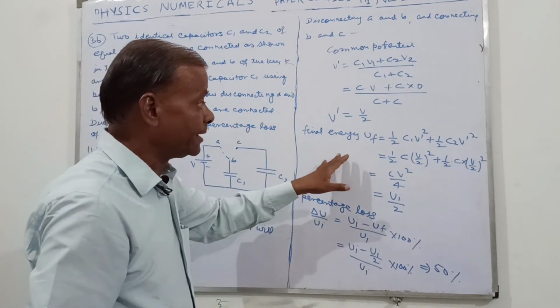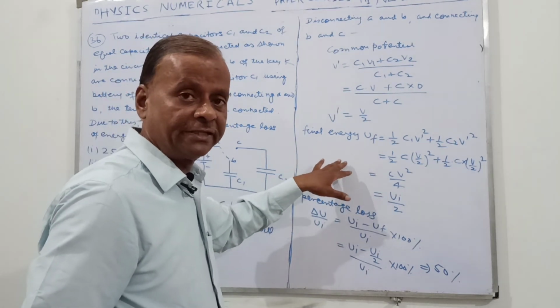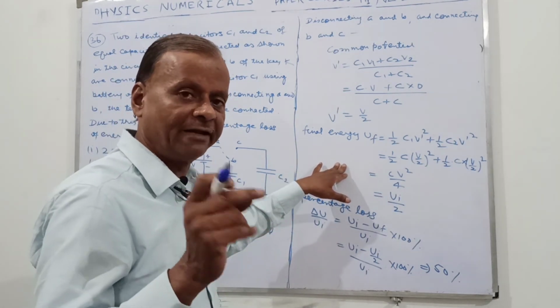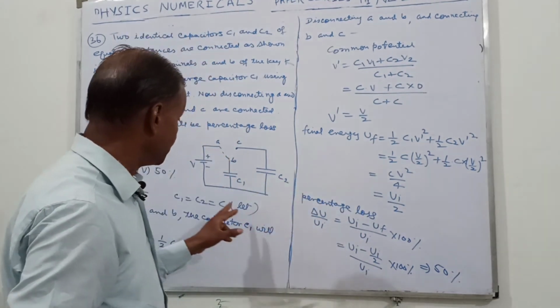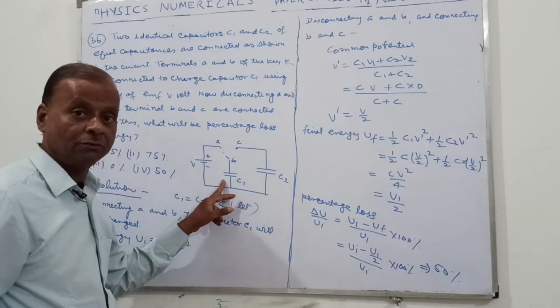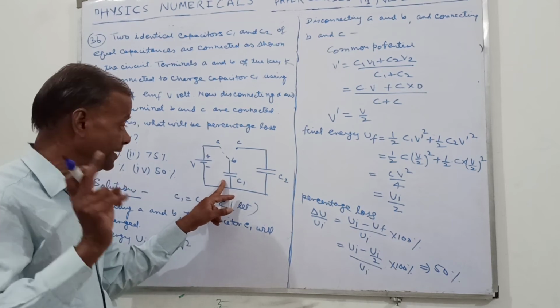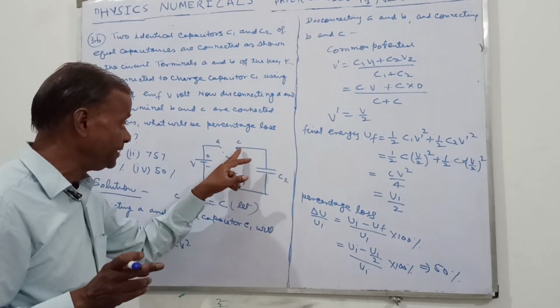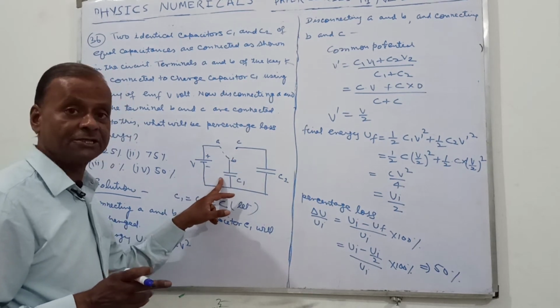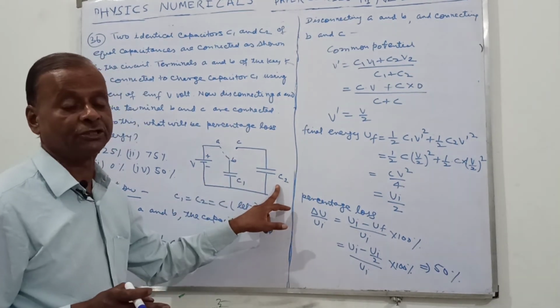If you do not like to do this question like this, then you can also do it with the help of the redistribution of charges. Since this will get a charge Q, this charge will be divided between C1 and C2. After connecting, this will have the charge Q/2, and this will also have the charge Q/2.